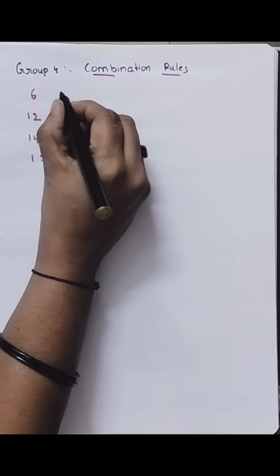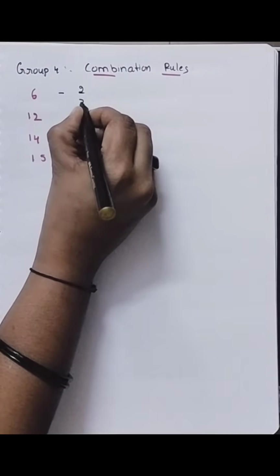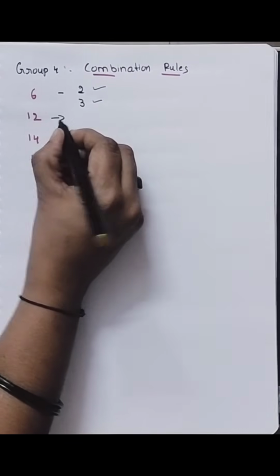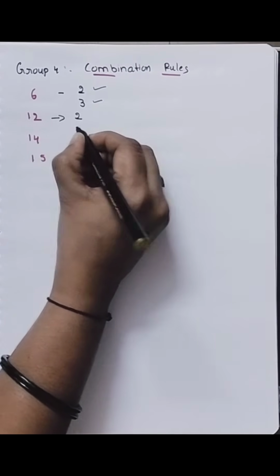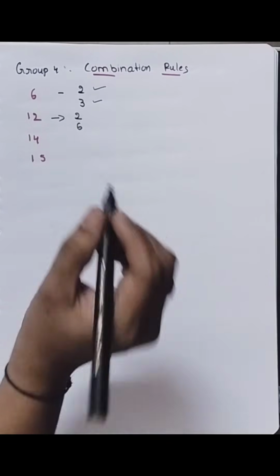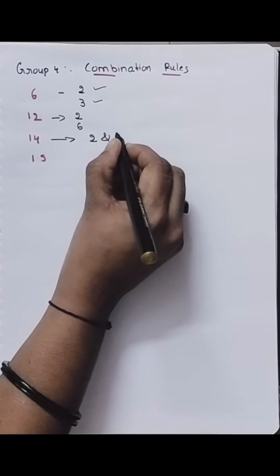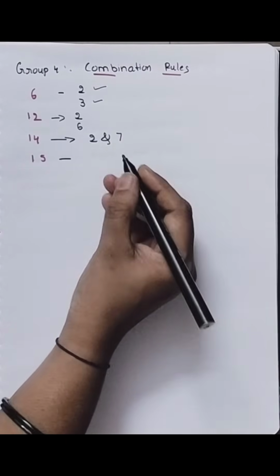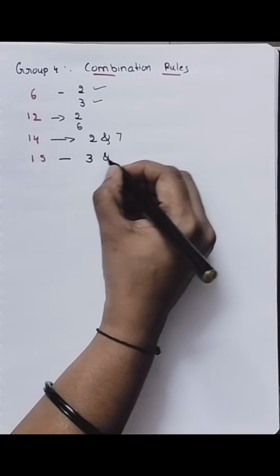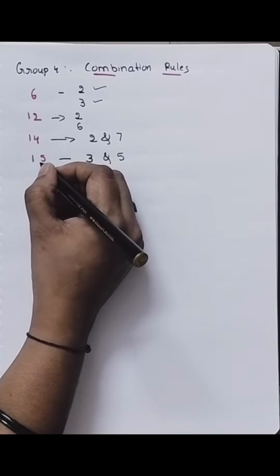If the given number divides by 2 and 3, then it goes with 6. Similarly for 12, if it goes with 2 and 6, the entire number is divisible by 12. Similarly for 14, it should go with 2 and 7. Whereas for 15, the number should pass the divisibility rules of 3 and 5.